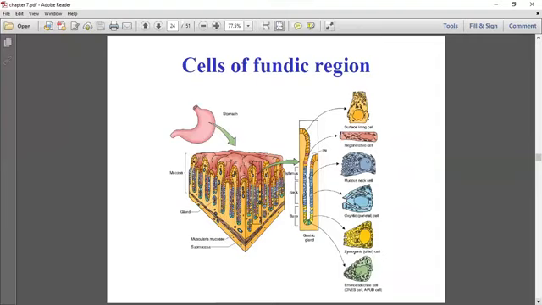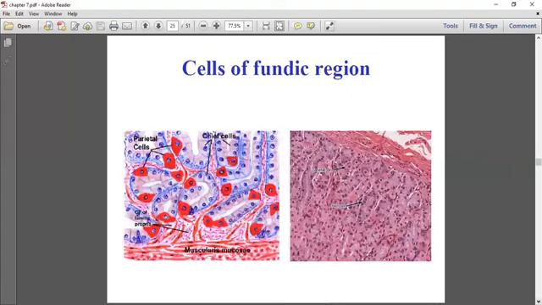Schematic diagram representing the glandular part that is impregnated or present within the lamina propria and the types of unicellular glands. The parietal cells, pyramidal in shape, also called oxyntic cells, have a large round nucleus.